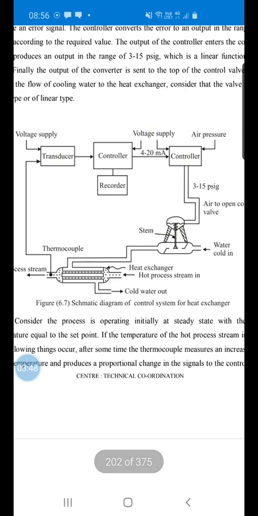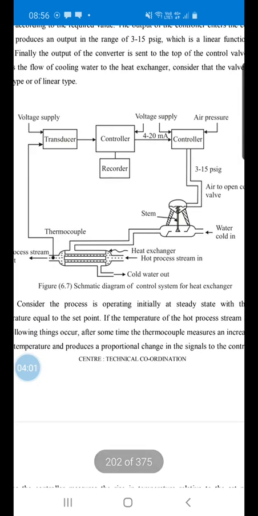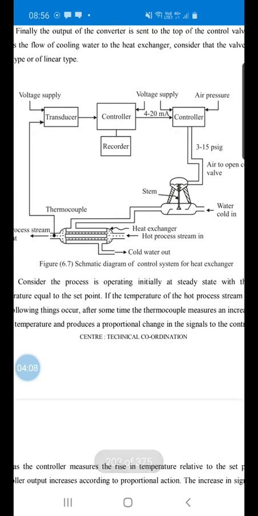These signals get converted into pressure, and in the air to open control valve, this pressure signal gets converted into flow. So how much water is to flow through the shell side of the heat exchanger is decided by the whole control system, and accordingly the temperature of the outlet stream is controlled.